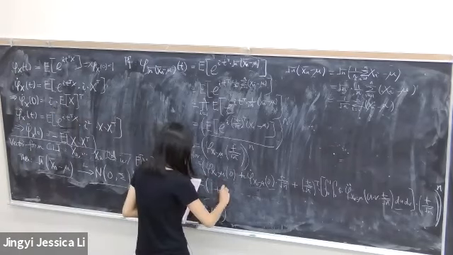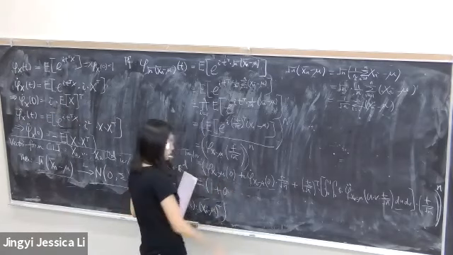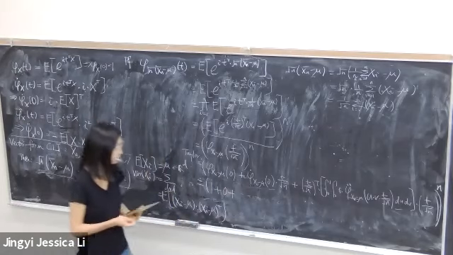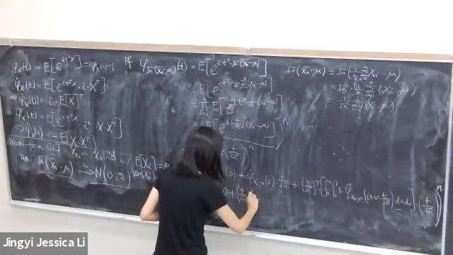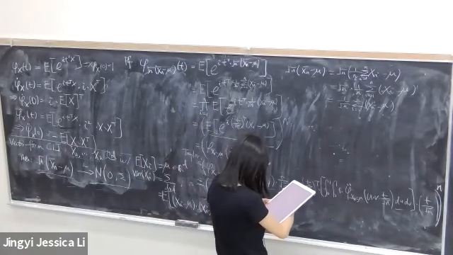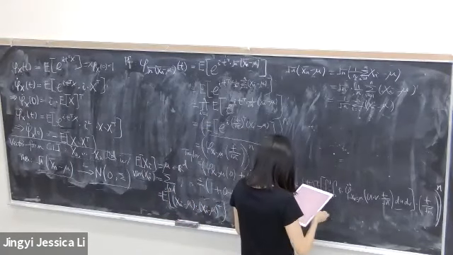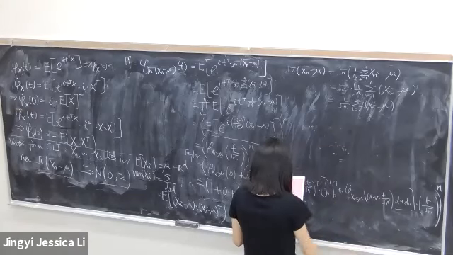So I will have 0 for the second term. Now I'm left with the third term, t over root n transpose. So inside this, what do I have? I would have everything with me.